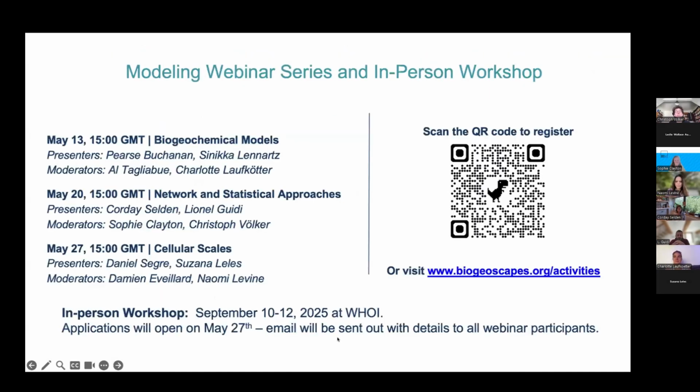So those are the goals of the modeling workshop. And basically we have 3 modeling workshops. One already happened last week, on the large scale biogeochemical models. Today is more on the ecosystem side and will deal with network and statistical approaches. So our speakers today will be Corday Selden and Lionel Guidi. I'll say something on them on the next slide.